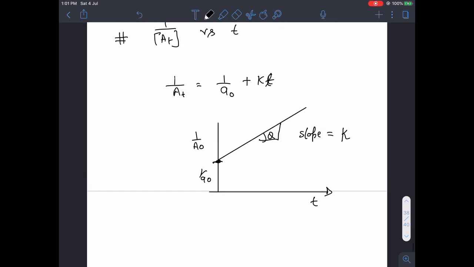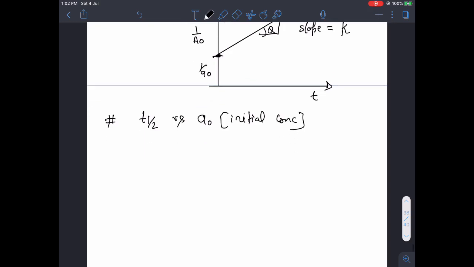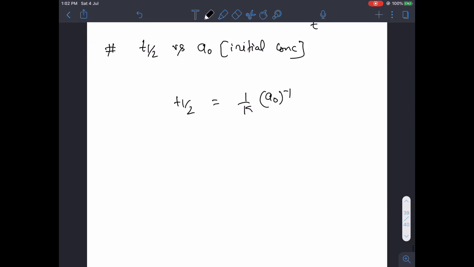So another graph that we can think about is half-life versus initial concentration. So as you know, in this case, t half was found to be 1 by k A0 to the power minus 1, or simply 1 by k into A0. So can we say that this is nothing but a rectangular hyperbola?